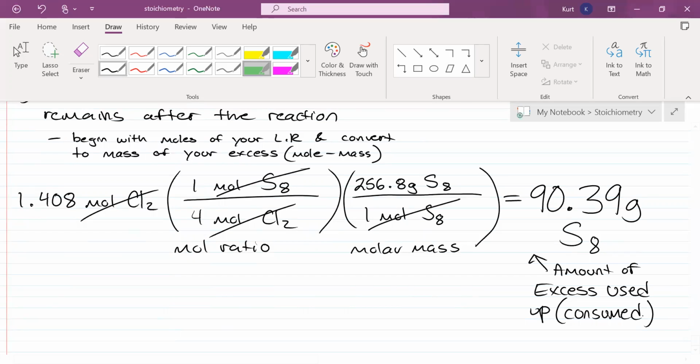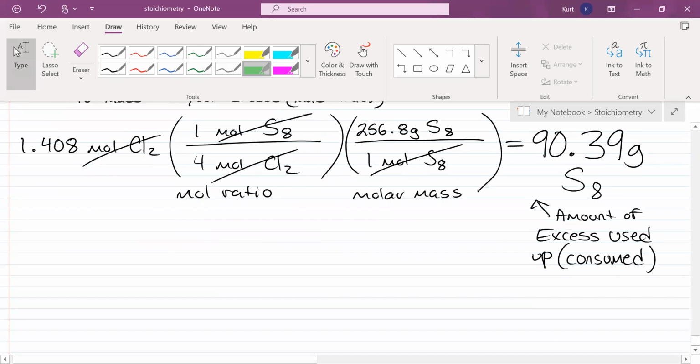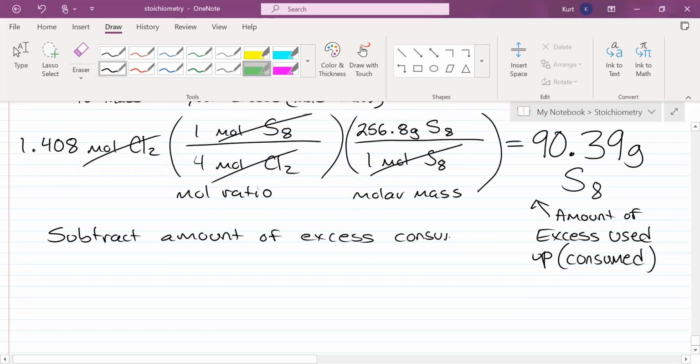Kevin, how much S8 did we start with when this problem began? Okay, so Kevin says we started with 200 grams. Here's what you do. Subtract amount of excess consumed from initial amount.